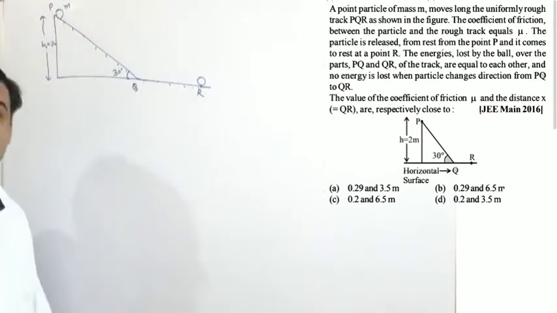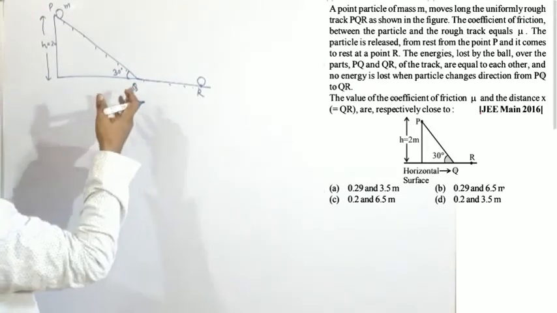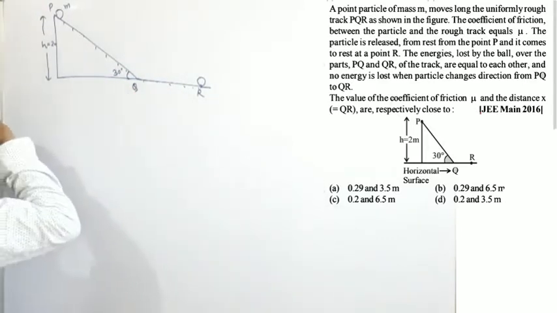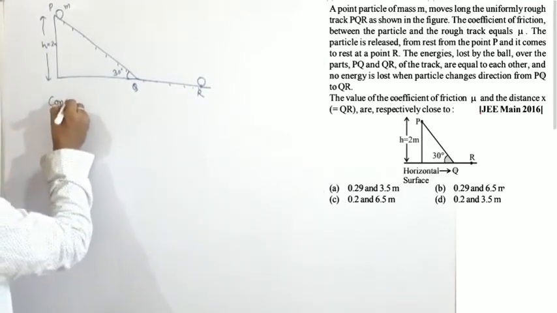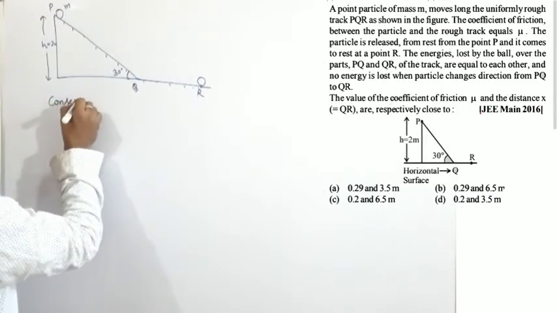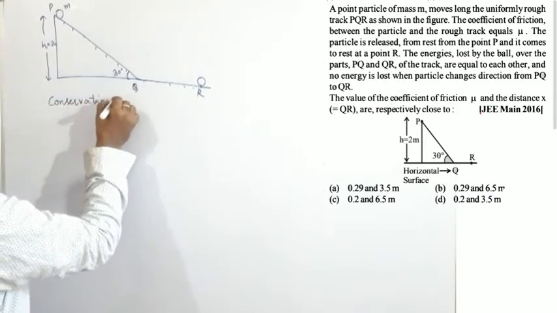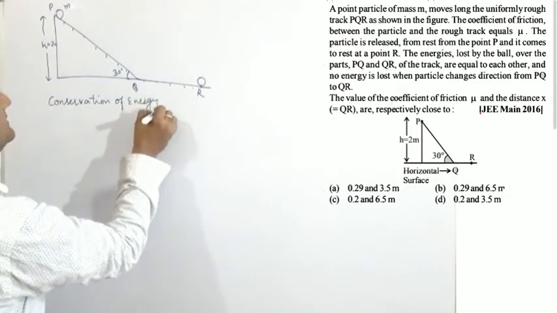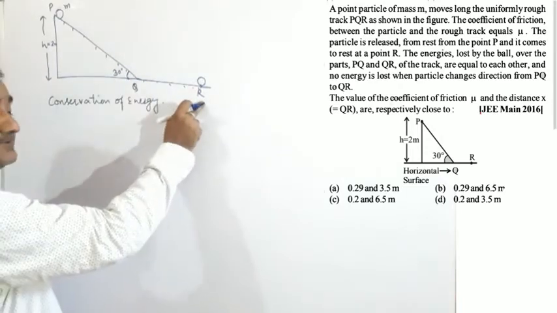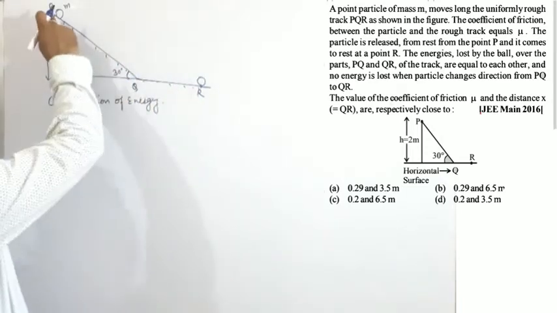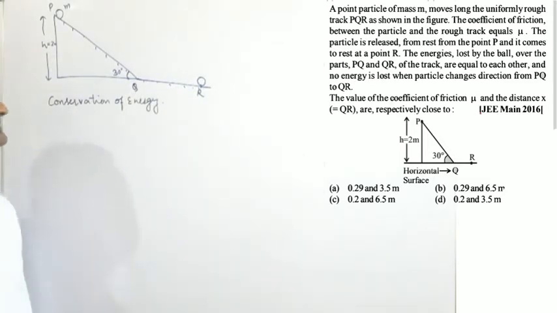So as the particle moves downward, it loses energy in the form of heat due to friction, or work done against friction, you can say. So in this problem we will use conservation of energy, not mechanical energy only, but conservation of energy. Energy remains conserved always. So when the particle is at point P, it has potential energy, and finally the particle comes to rest at point R, and the whole surface PQR is a friction surface.